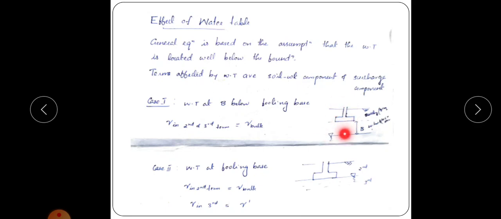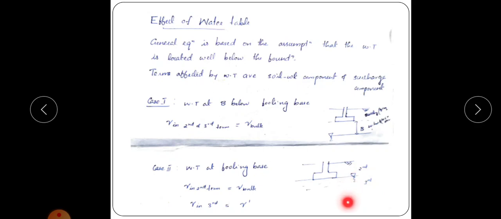So we can look at that effect, that is in case 2, water table is at footing base. So this is footing base. So here water table is at this footing base, that is the location of our water table. I have told that this is the second term of the equation and this is the third term. So since water table is here, this third term will be in submerged condition, that is unit weight in the third term will be submerged, because here it is water table.